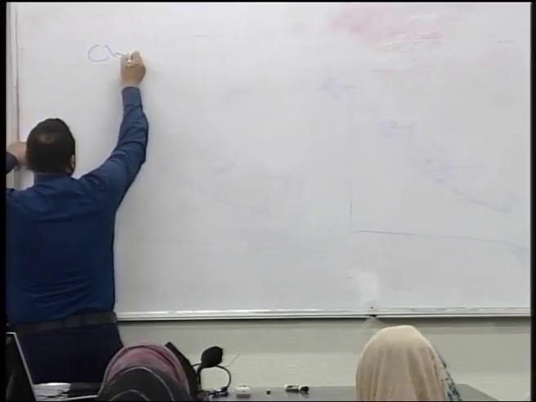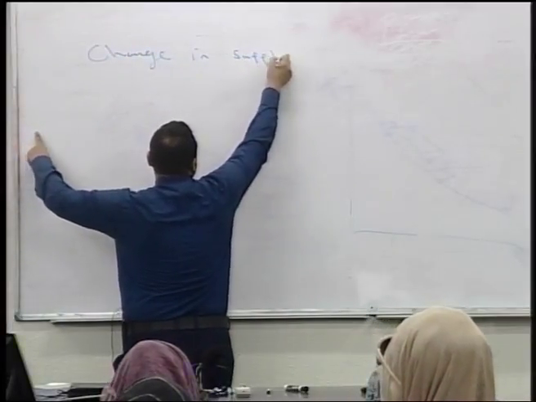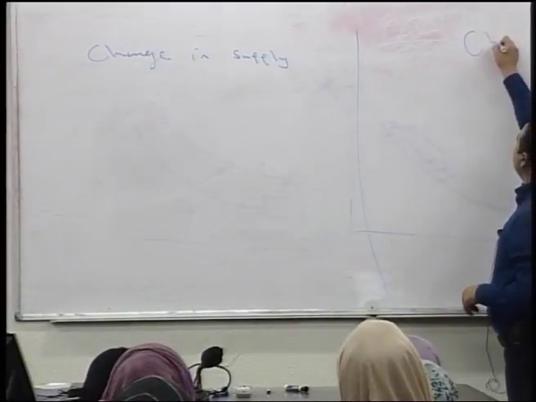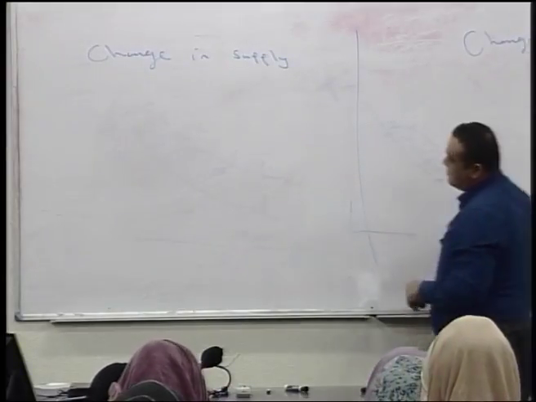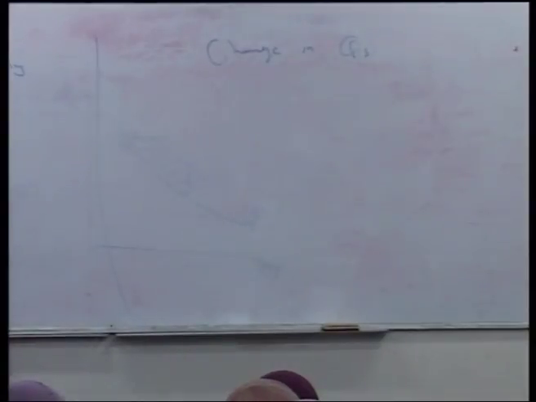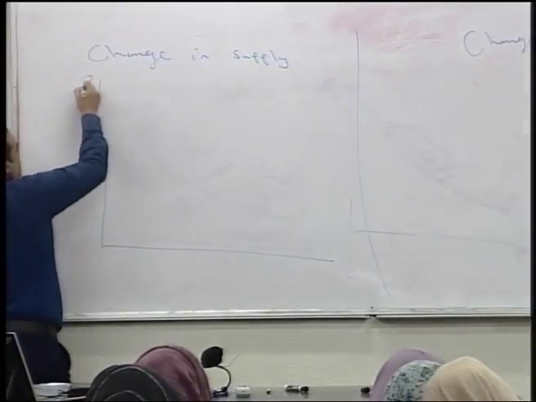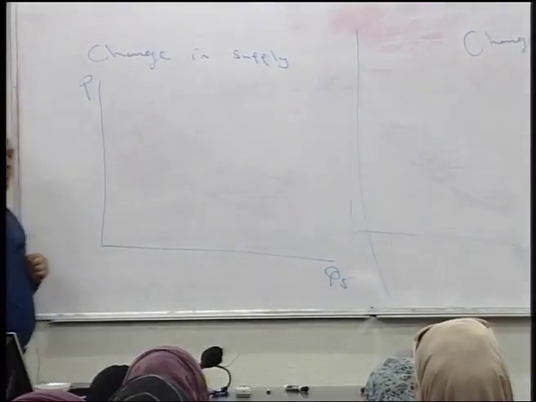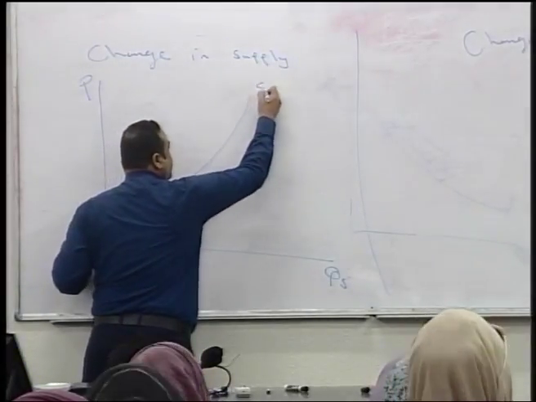Change in supply and the change in quantity supplied. Change in supply is the full shifting. This is the price, and the quantity supplied is on the horizontal axis. And this is the original supply curve, S1.